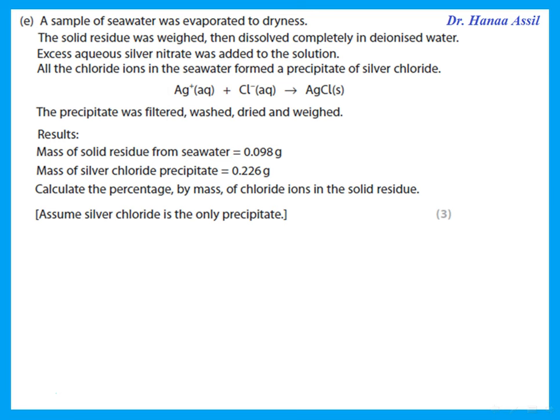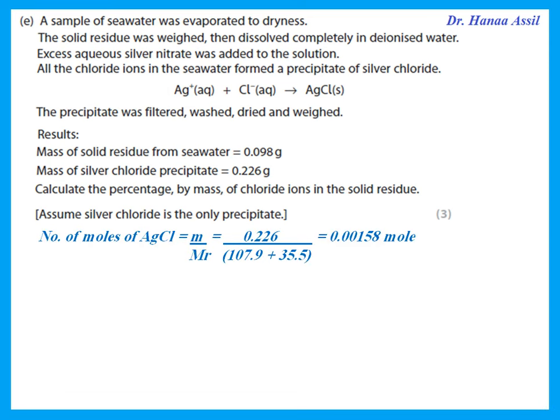Okay, how do we do that? What do we have? We have the mass of silver chloride, so I can get the number of moles of silver chloride. Number of moles of silver chloride would be mass over molecular mass. This gives me the number of moles. And from the equation, you realize that the number of moles of silver chloride is the same as the number of moles of chloride.